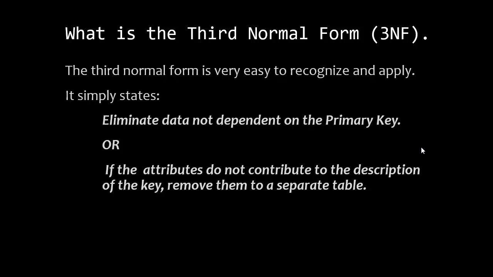So basically what we're saying is this: if your entity holds a piece of data, a column, that truly doesn't define that entity, okay? Meaning it doesn't define that person, that student, that instructor, that whatever it is we're looking at. Maybe it defines multiple ones.